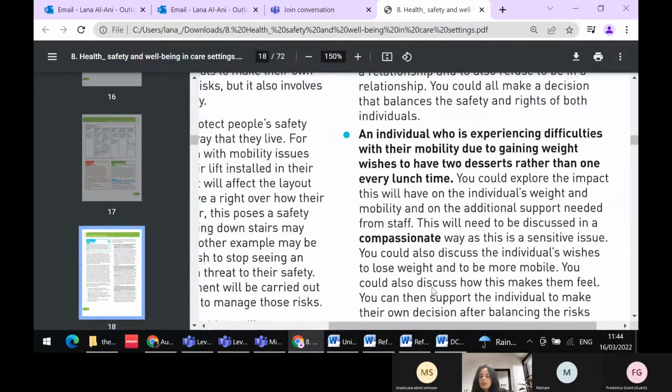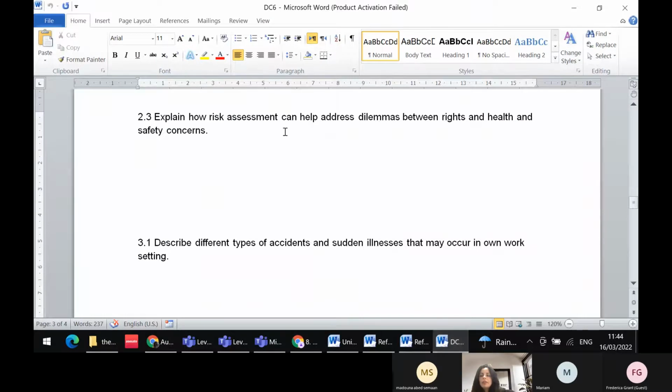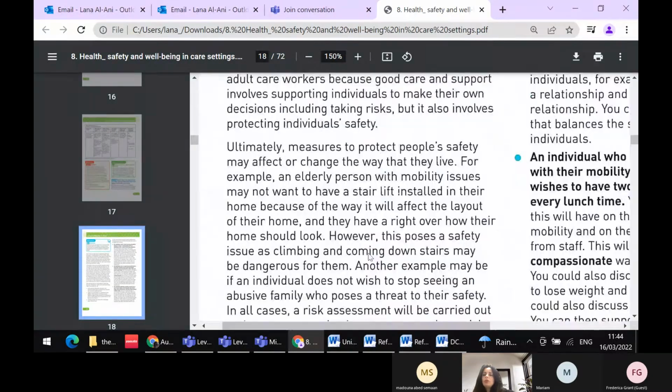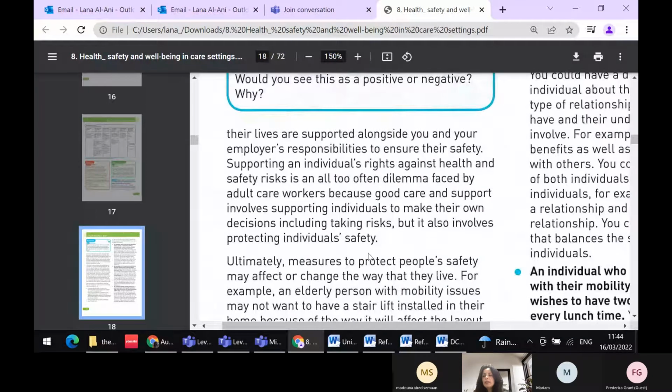We do risk assessment where it says here, explain how risk assessment can help address the dilemma between rights and health and safety concerns. So for you, you work with your client. They all have their own lives. They all want their own right of being free and living happily.